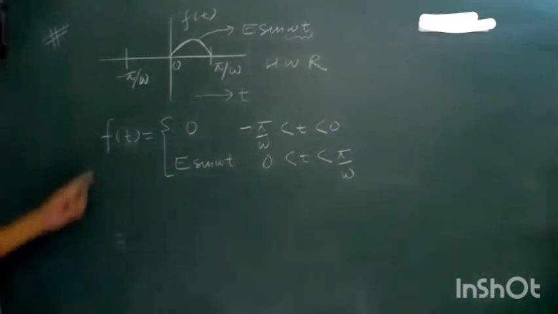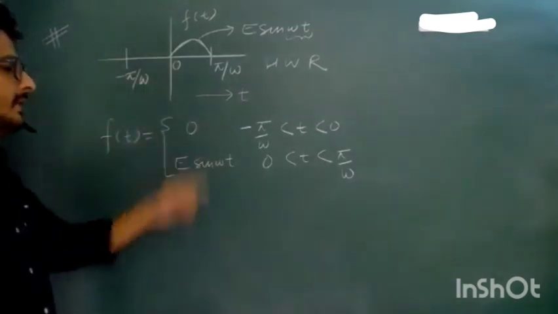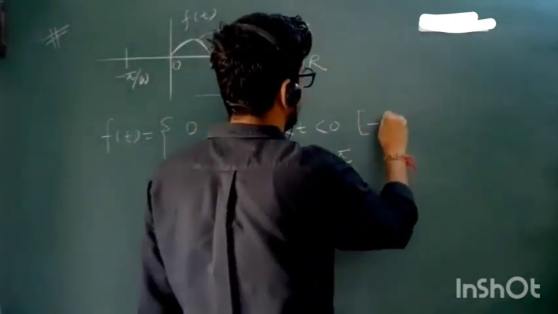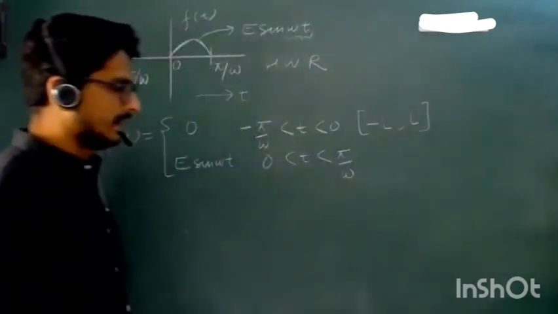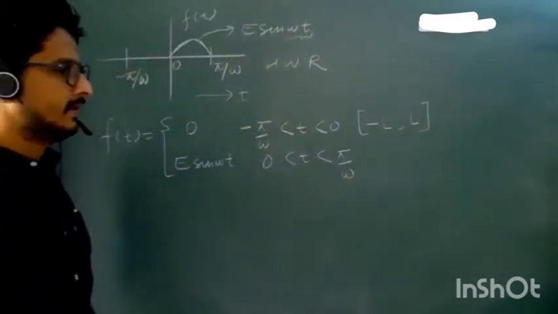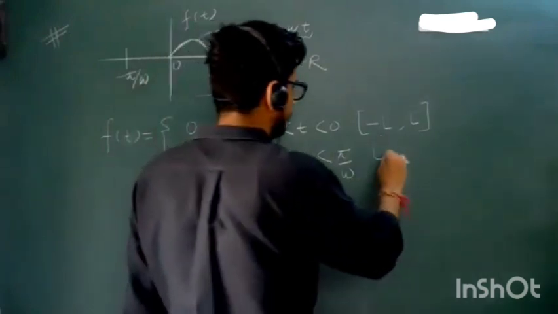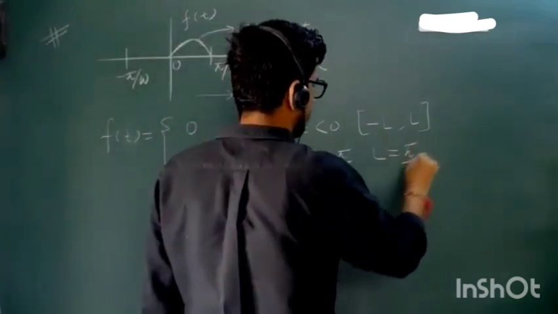तो tell me इसमें कोई doubt हो तो, because this is the first step कि आप function लिख पाओ. And what is the case? If you remember, this case is minus L to L. याद आया? And what is the value of L? Pi by omega.